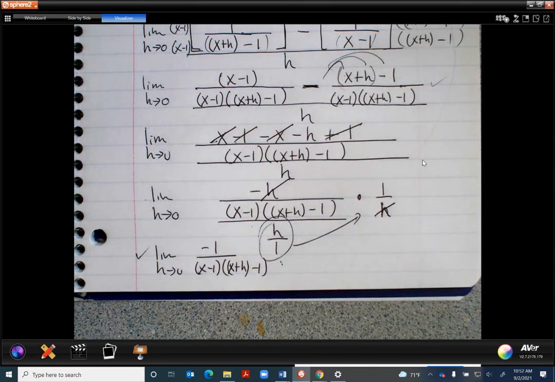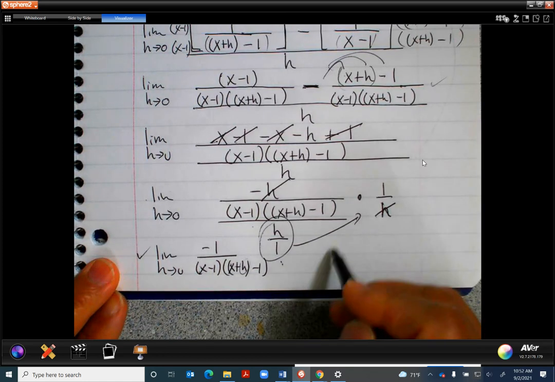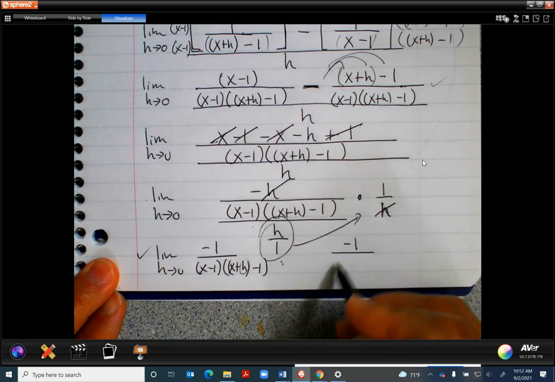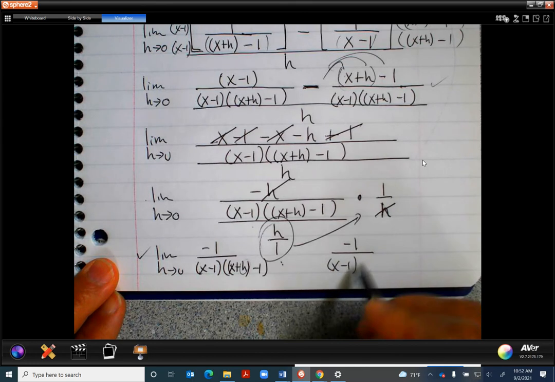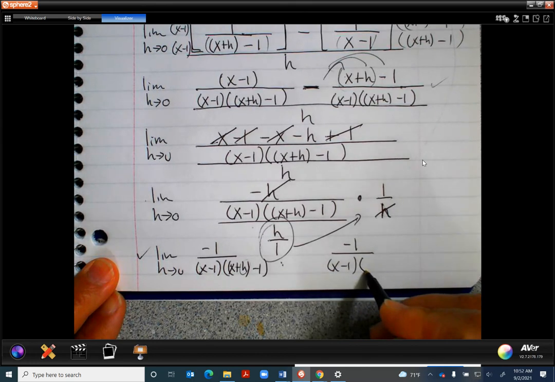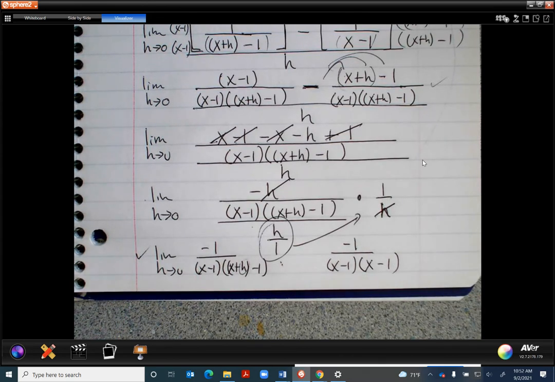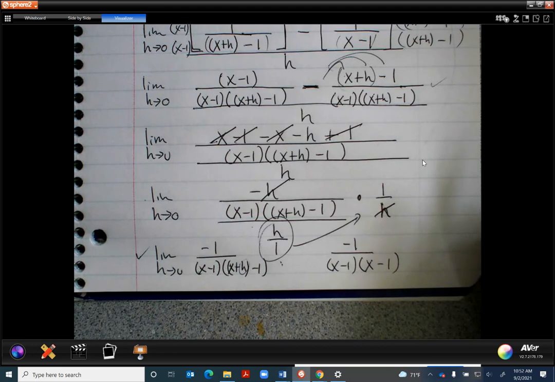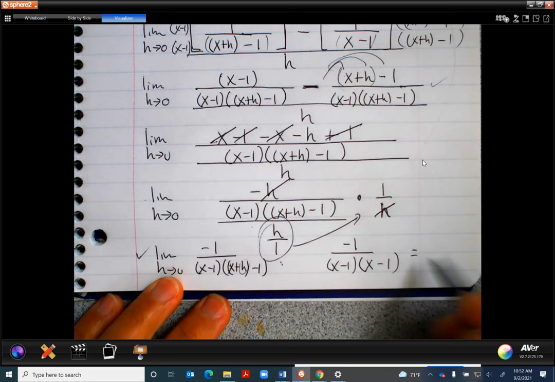Can I use direct substitution now? Yes. What is it if I use direct substitution? Isn't it negative 1 over x minus 1 times x minus 1? And what is that?